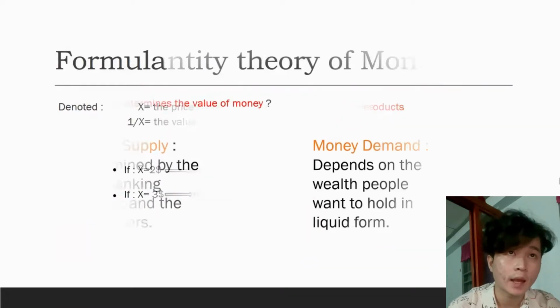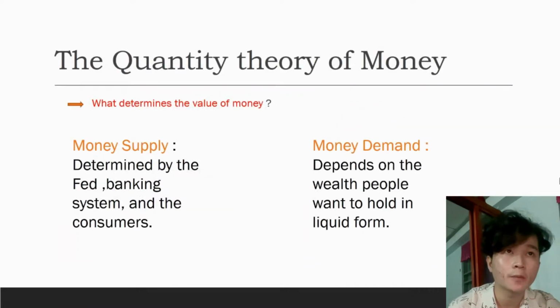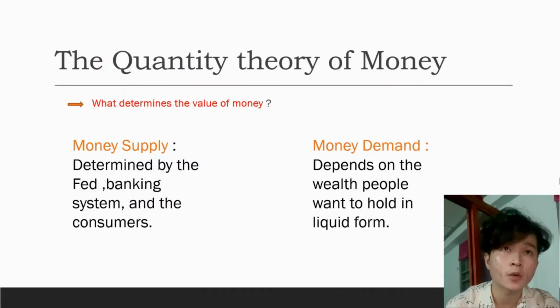Moving on to the next slide, we will discuss the quantity theory of money. This theory is used to determine the price level, and the growth rate in the amount of money available determines the inflation rate. But what determines the value of money? The answer is money supply and money demand.